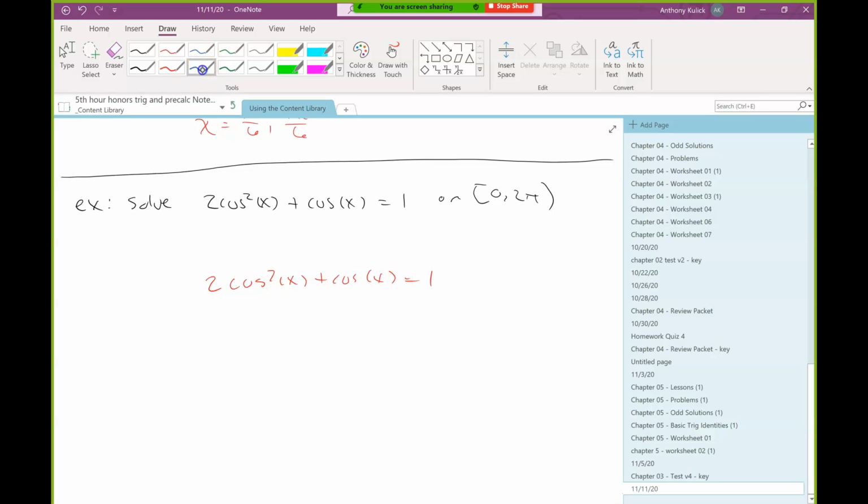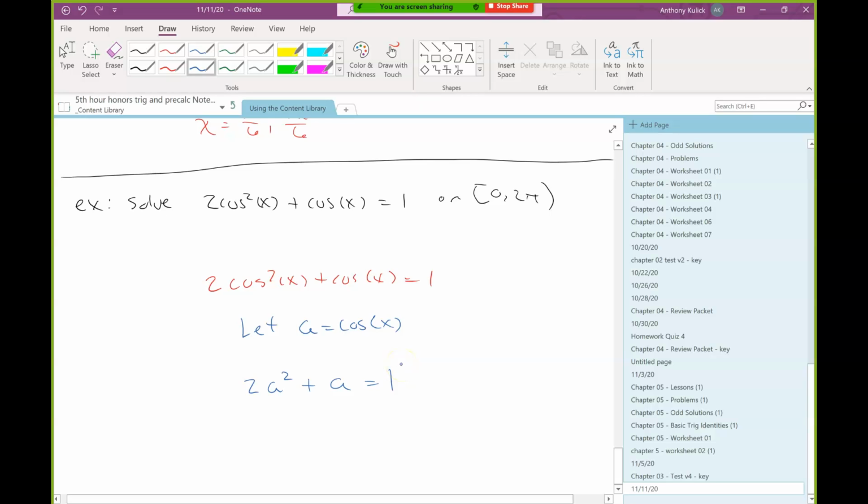And just to make this extra clear, let's just say that we're going to substitute the letter A for our cosines, just to make it a little bit more obvious. So we would have like 2a squared plus a is equal to 1.